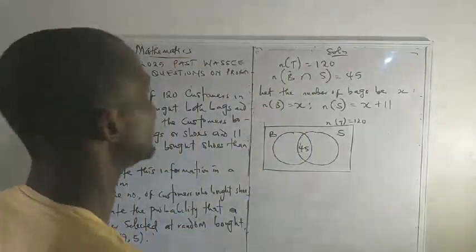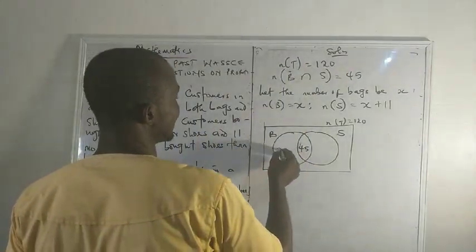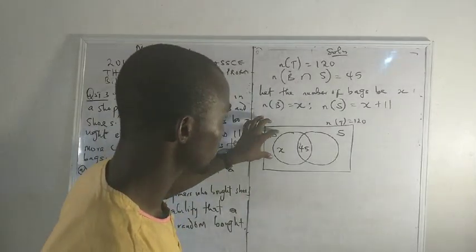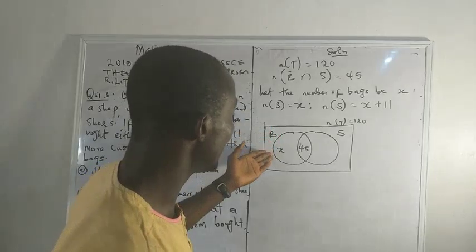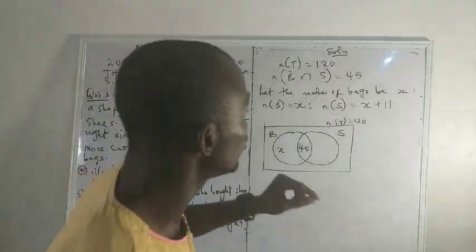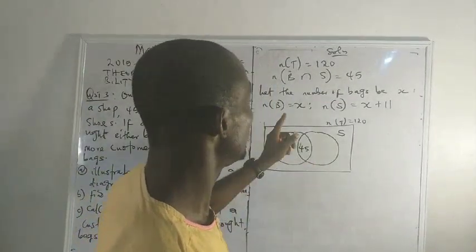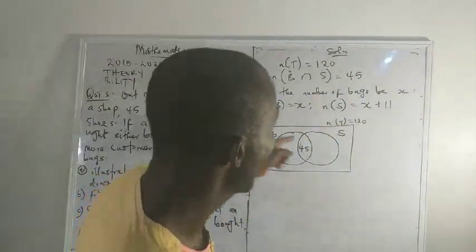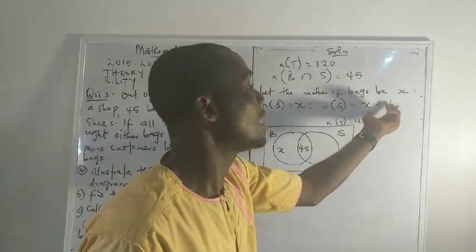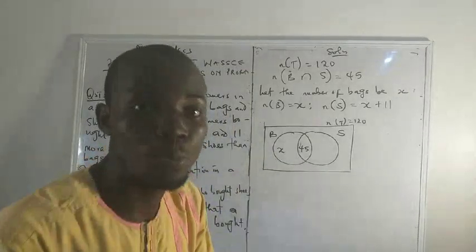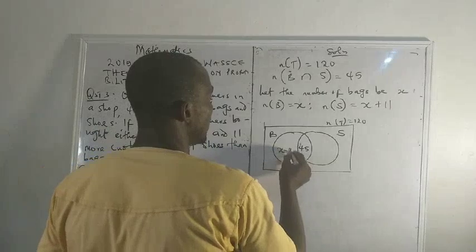If it is only, we would have used just X here, but because they did not include that condition only, it means that some of those who bought bags are also in this X. And some of those who bought shoes are in this X. So for us to get only those who bought bags, we have to take away this 45.